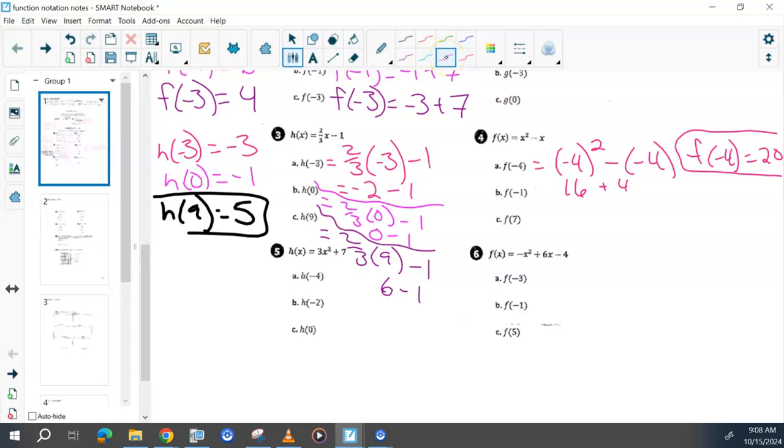Okay, f of negative 1, let's do the same thing. Negative 1 squared is positive 1.